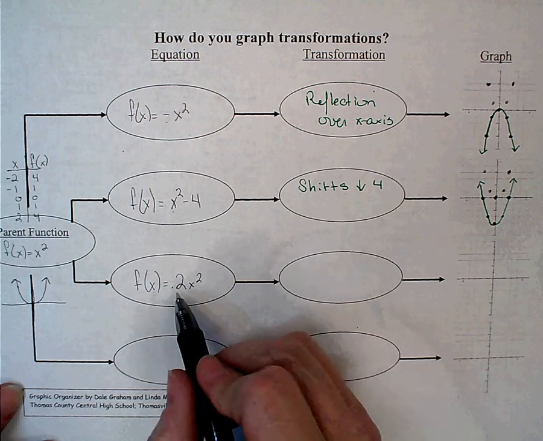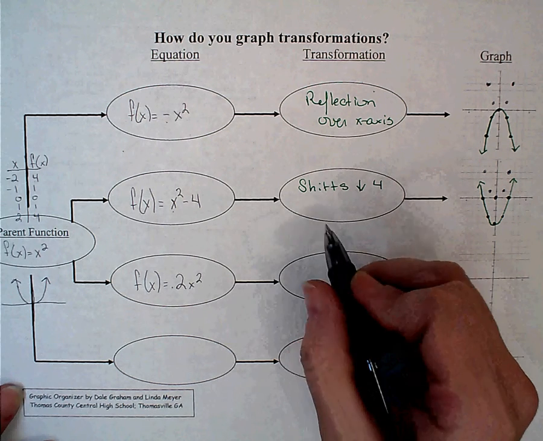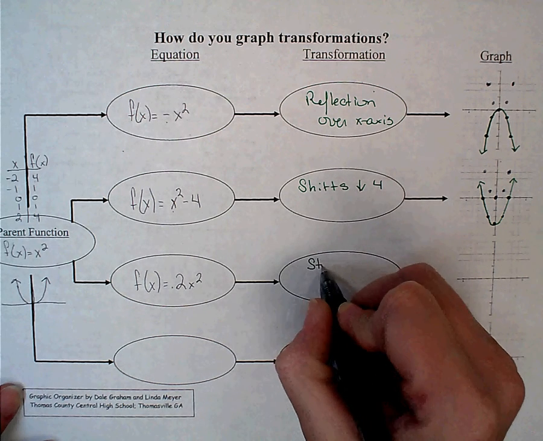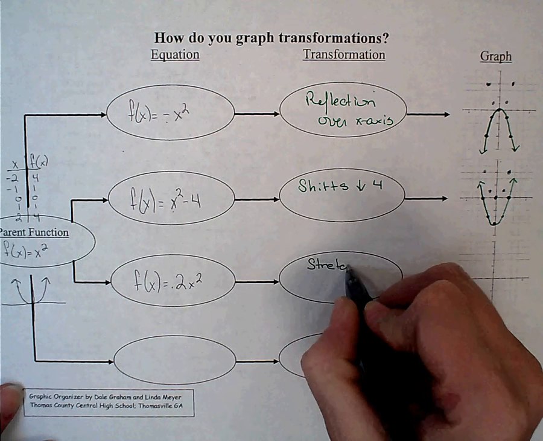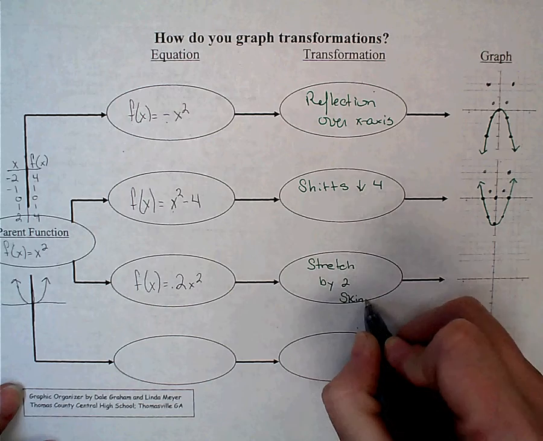But when you have a number greater than 1 in front of your x squared, or in front of your function, it's a stretch by 2, which means it's going to be skinny.